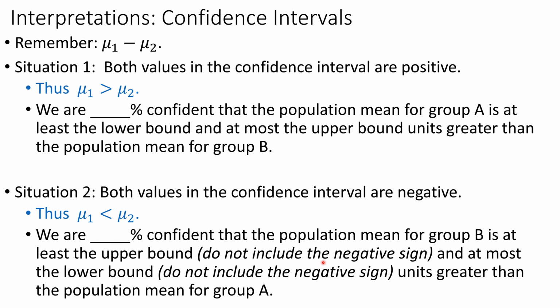We do not include the negative sign because mu2, which represents the population mean for group B, is larger than mu1, which represents the population mean for group A.